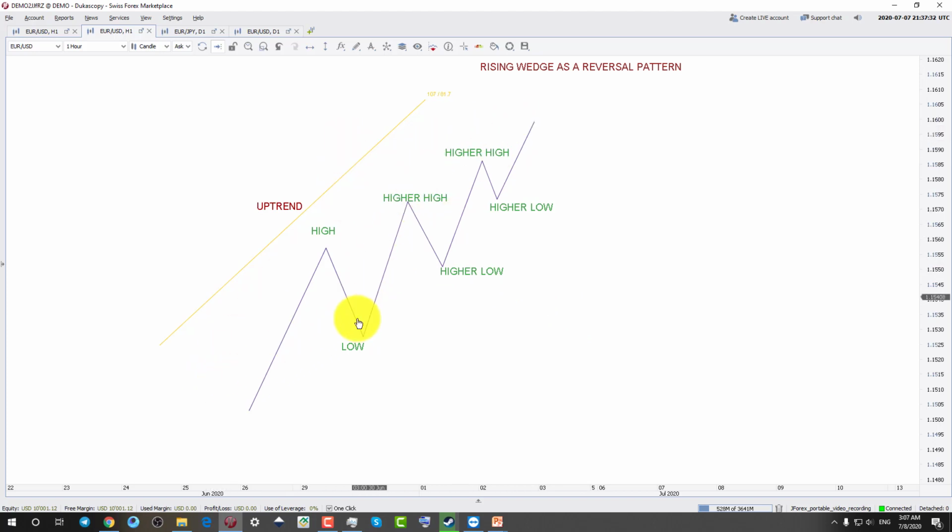How did we calculate that this is an uptrend? Because it is making higher highs and higher lows. Now we will join the highs. Of course, in an uptrend we actually join the lows, so we will join the lows.